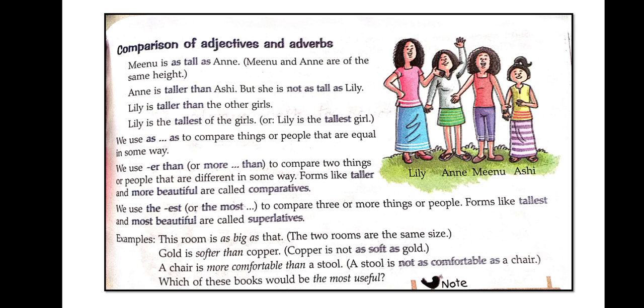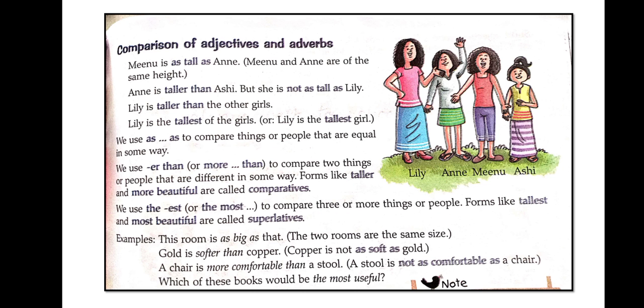Comparison of adjectives and adverbs. As you can see on page number 75, I have put it on the screen also. Minu is as tall as Annie. Here you will get the picture beside the sentences. We have four girls: Lily, Annie, Minu and Ashi.